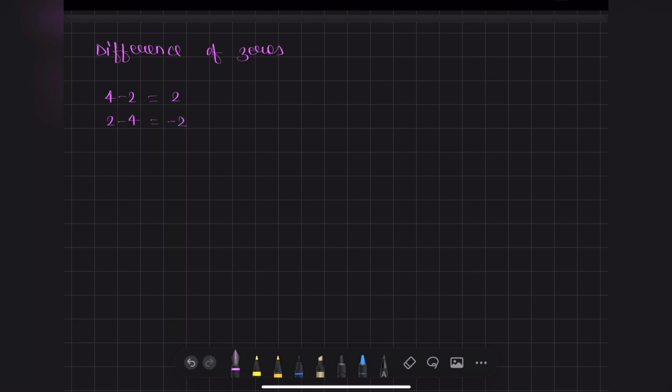But the moment I ask you to find the difference between 2 and 4, you will answer it is 2. Means the difference should be, magnitude wise, positive only. Okay, so bigger minus smaller.